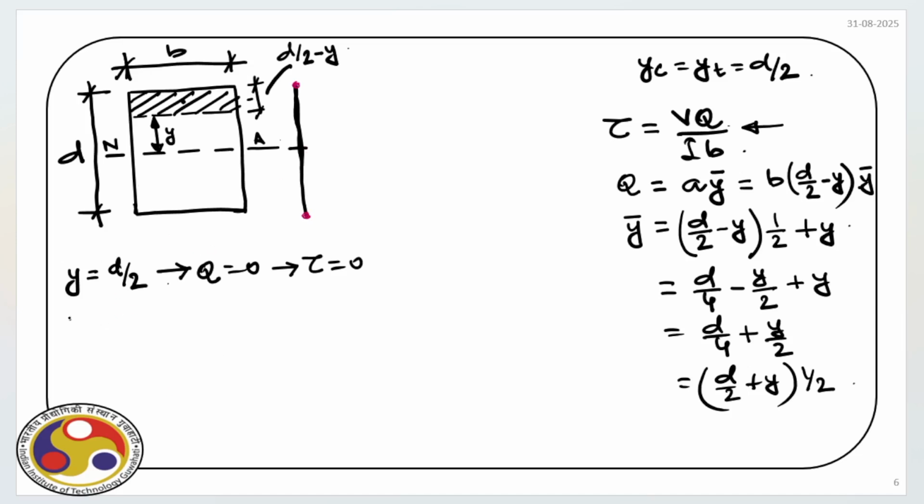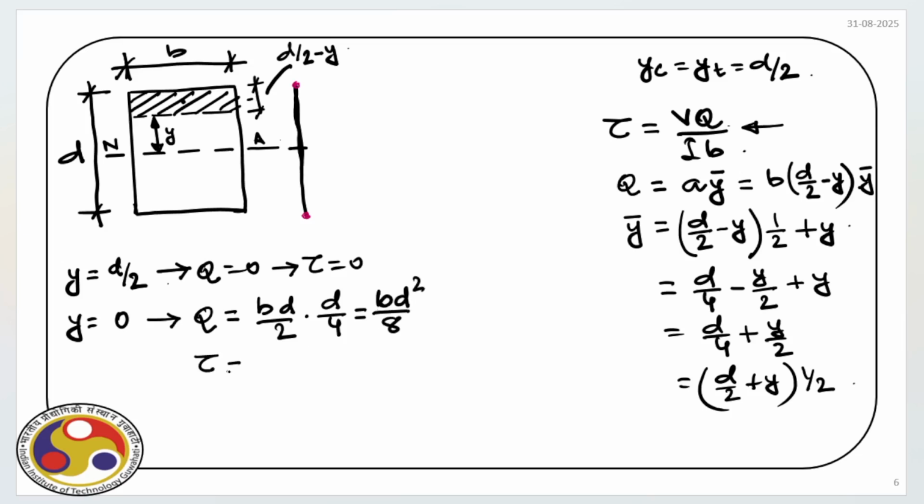Now, if we consider y equal to 0, that means the entire section above or below the neutral axis, right? Then what will happen? Q is equal to B times d by 2 times y bar, which is d by 4. So that means Q is equal to B d square divided by 8.